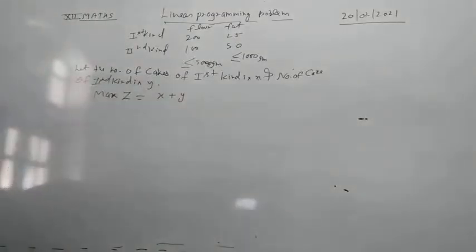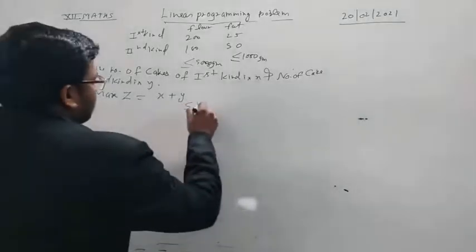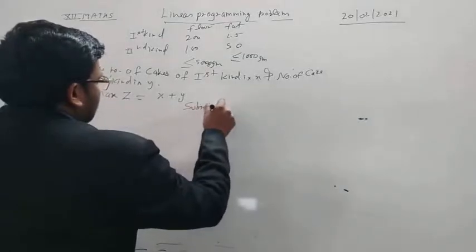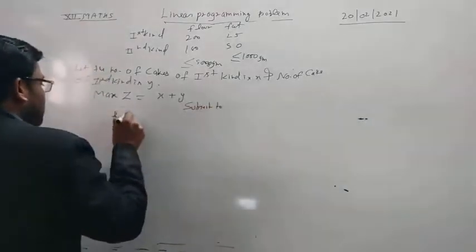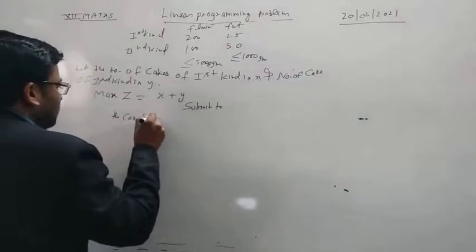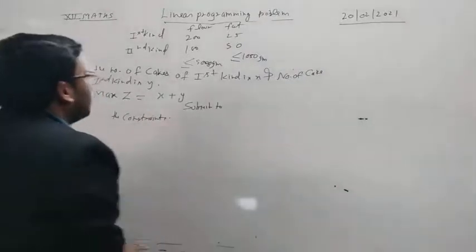Maximize z = x + y, subject to the constraints we made.